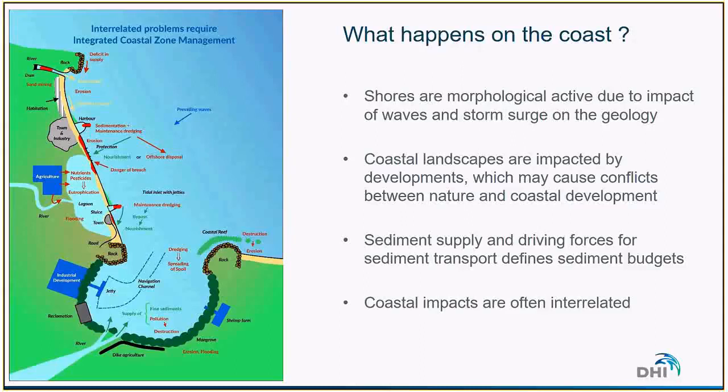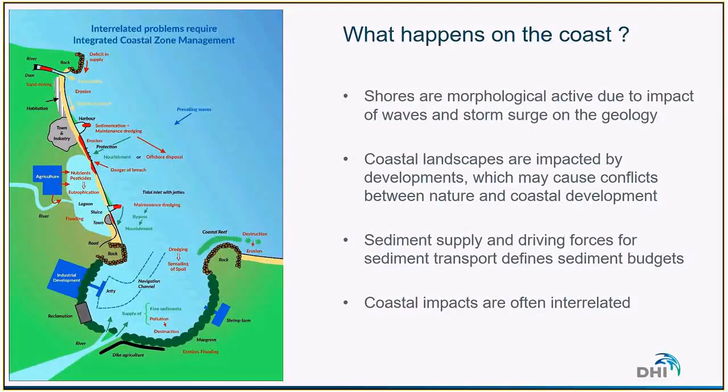And there are also town and industries. We know that nowadays there is an increased pressure on the coast. More and more people want to live close to the coast. There are more and more habitation on the coast. There are also larger harbors due to larger ship traffic. So all this leads to an increased pressure on the coast.